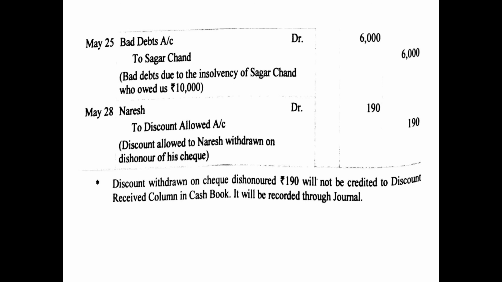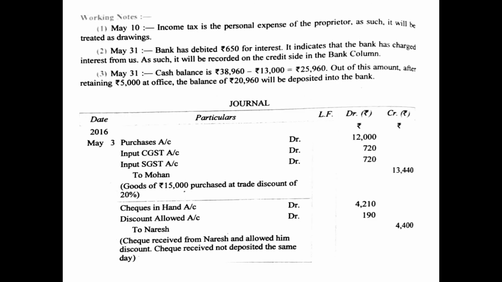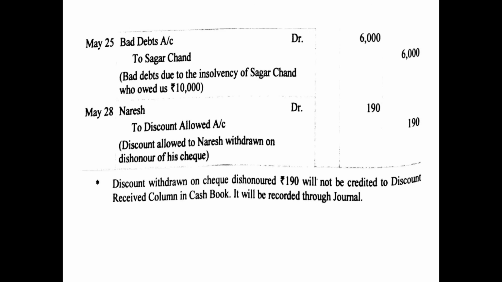This is the amount of discount allowed to Naresh, withdrawn on dishonor of this check. Because when we received the check in full settlement, we had allowed him a discount of 190. Now we will write back this discount as well. Then you can see an asterisk note is given: discount withdrawn on check dishonored 190 will not be credited to discount received.